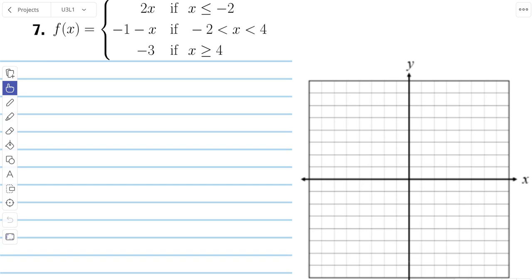And so now let's take this one. We are going to have 3 different lines we graph. And so let's take that top line. We're going to have a closed dot, and I am graphing to the left.